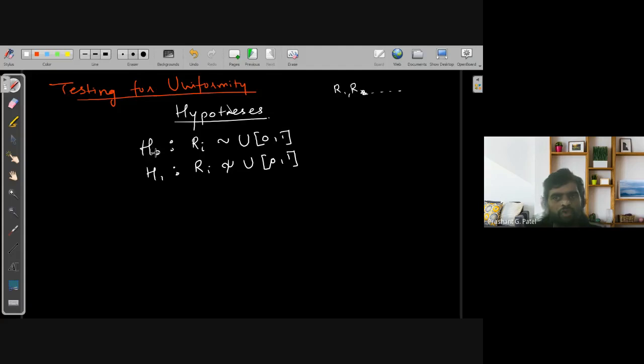H0 is the null hypothesis that the numbers are uniformly distributed, and if it is rejected, that means they are not uniformly distributed. The other one is the test for independence.